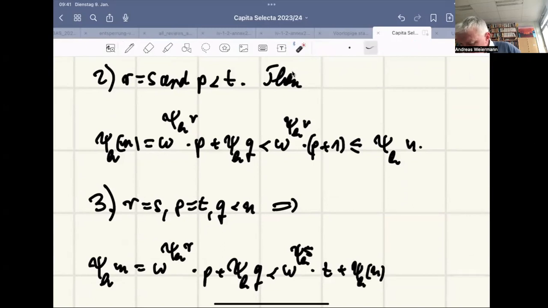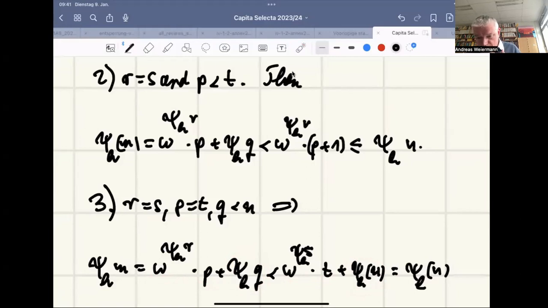So why is this the case? This term here is the same as this term, p is equal to t. And this one is smaller than this term by the induction hypothesis. And then we use laws for comparing ordinals. And this is then ck of n. This is u. Okay.